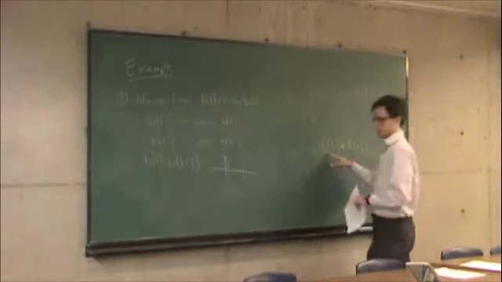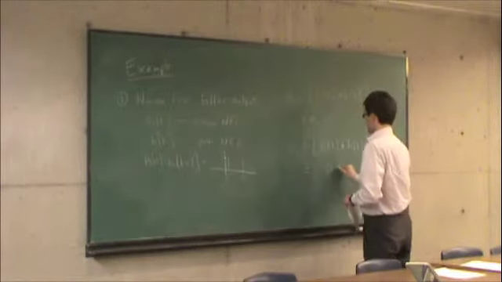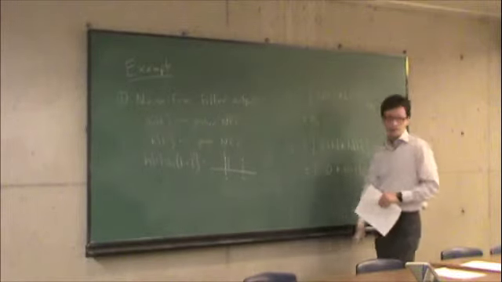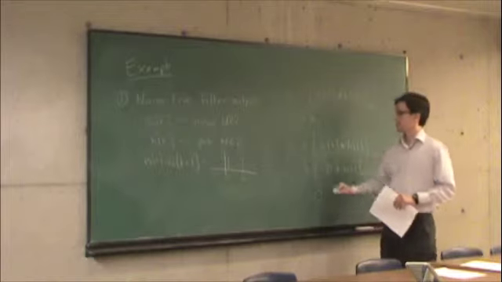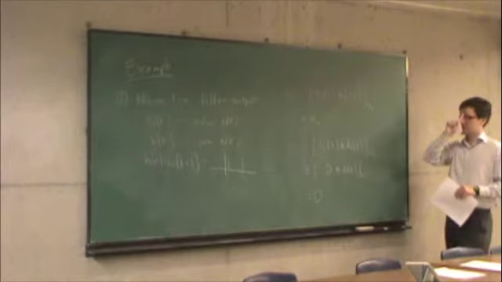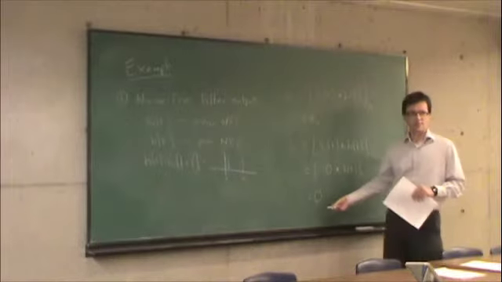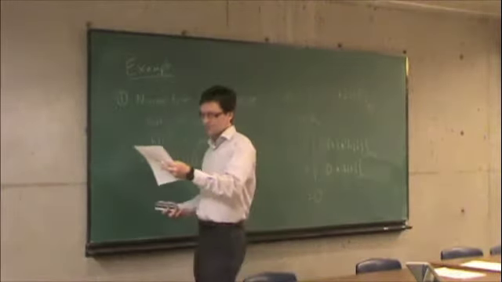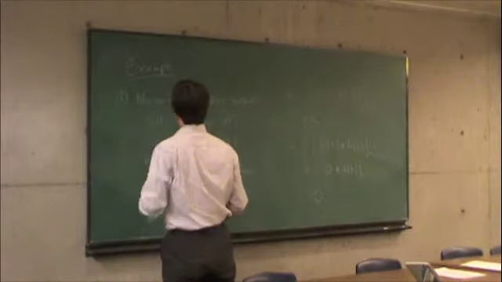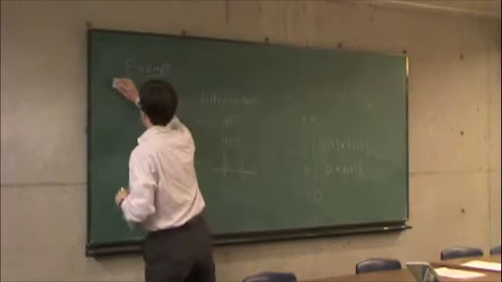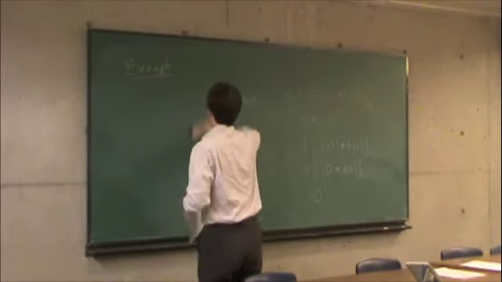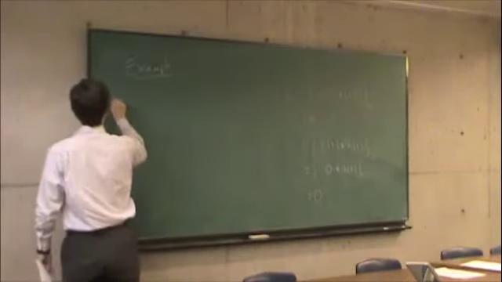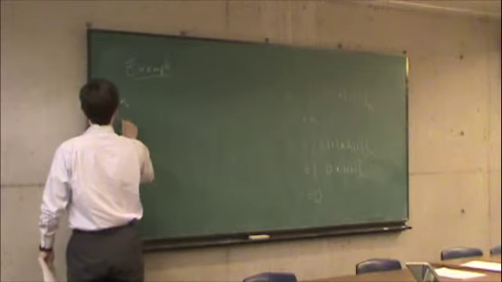S1 is always 0, so this is 0 convolved with H of K. Can anyone tell me what that might be? 0. So if a 0 is sent, the noise-free filter output is NB. If a 1 is sent, the noise-free filter output is 0. Let me write those down over here. That's NB for 0, and 0 for 1.